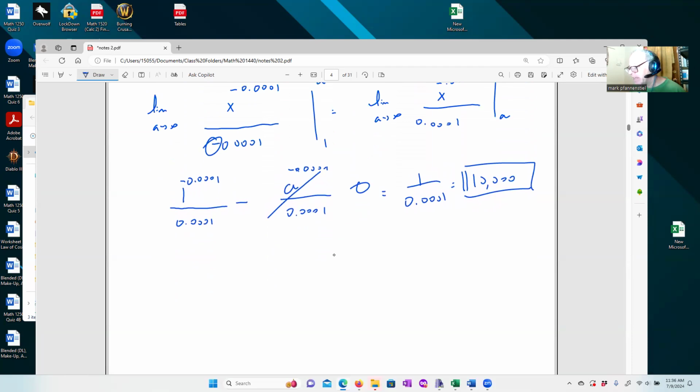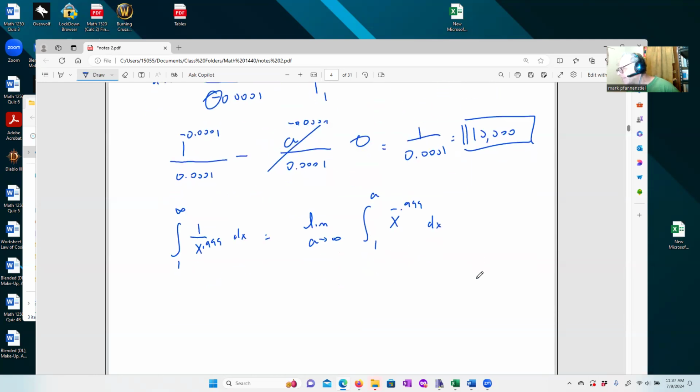Let's go ahead and take the integral of 1 over x to the 0.999. It's just a little bit tinier than 1. We're going to go from 1 to infinity. So let's go ahead and set this up. We've got the limit as a goes off to infinity from 1 to a of x to the negative 0.999. The same rules apply.